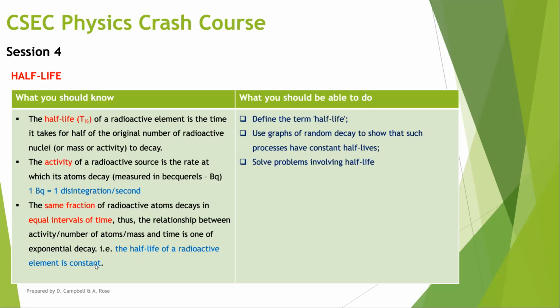Now, what this causes is an exponential decrease in whatever property you're looking at. If you're looking at the number of nuclei, then the number will decrease exponentially. The mass will decrease exponentially, or the activity will decrease exponentially.